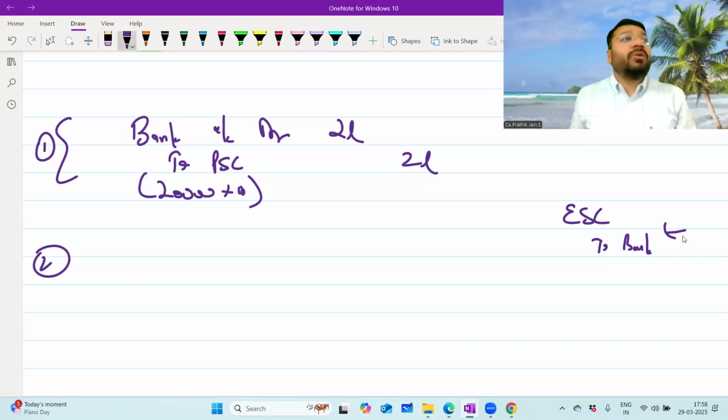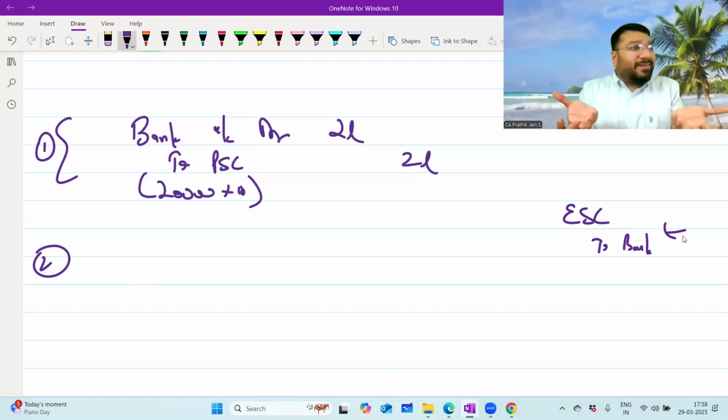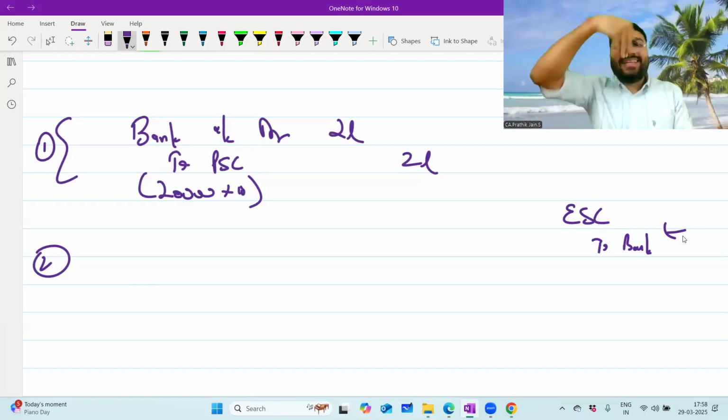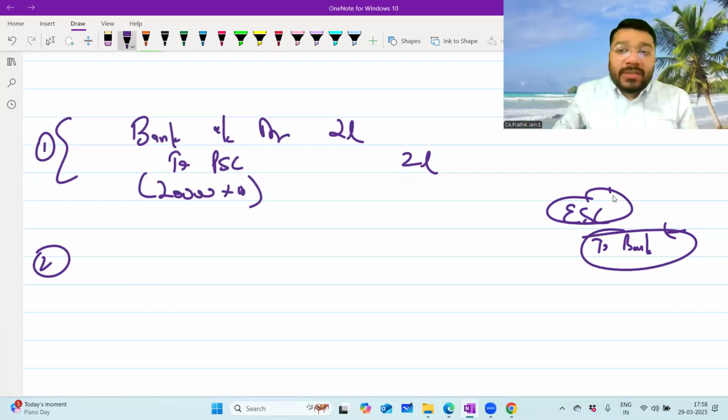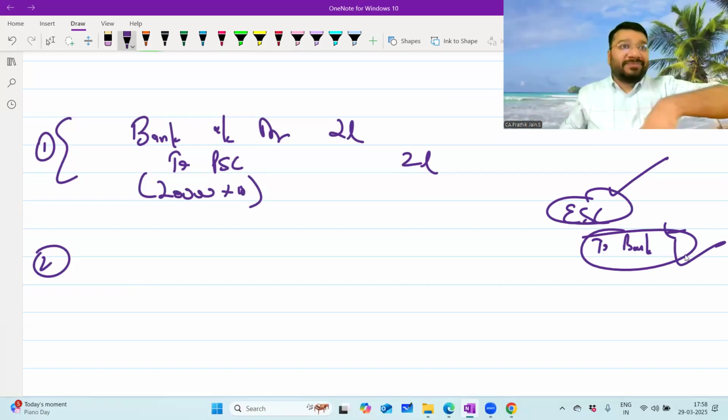Now, we don't want to do the entry directly. We want to complicate the entry. We don't want to eat like this, we want to eat like this. So now what will I do? I'll split this entry into 2 parts. So this will go as debit in one entry, and this will go as credit in another entry.